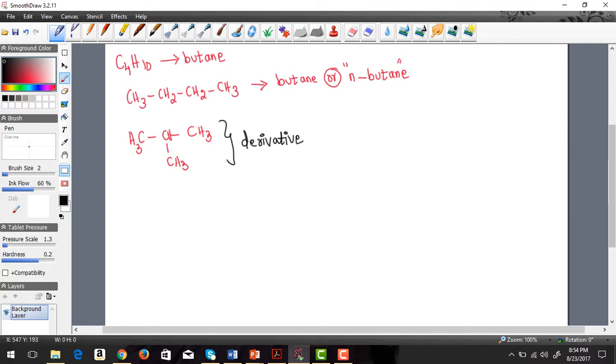This is just butane, and you add a prefix of N dash and it becomes N-butane. Easy. To name the derivative, first you gotta identify the longest chain, the longest straight chain or longest chain, whichever one you want. This is my longest chain, okay? And you start numbering.